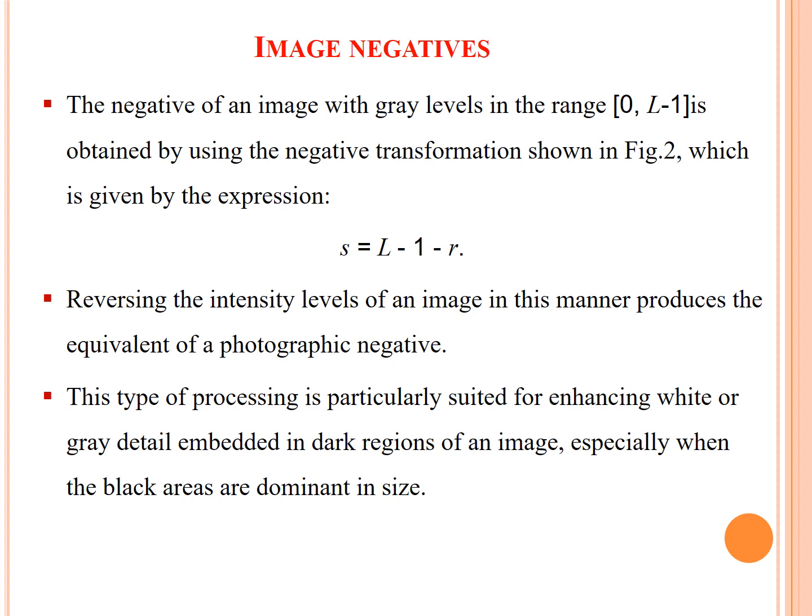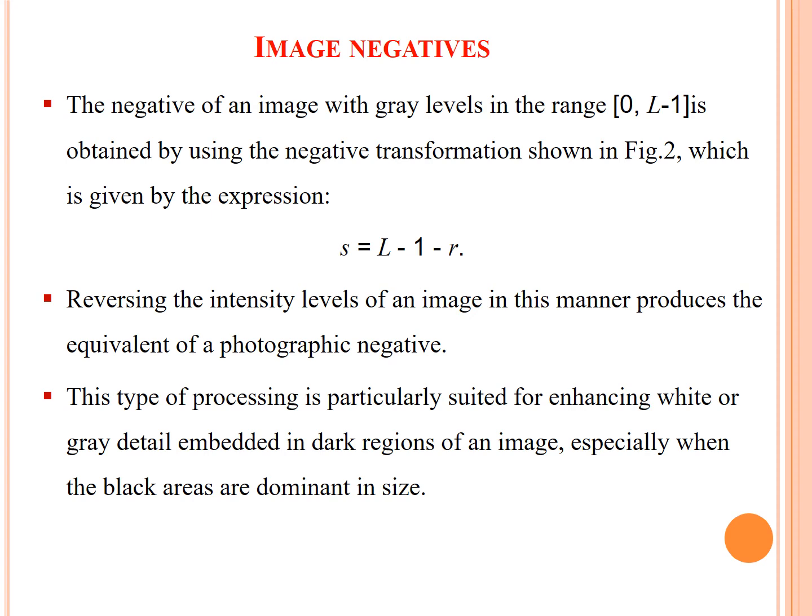First, image negatives. The negative of an image with gray levels in the range 0 to L-1 is obtained by using the negative transformation as shown in figure 2. This is given by the expression s = L - 1 - r.